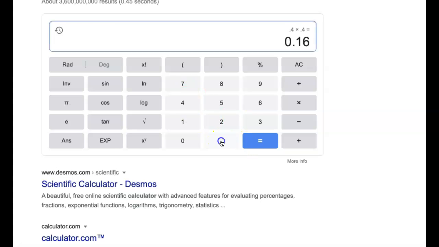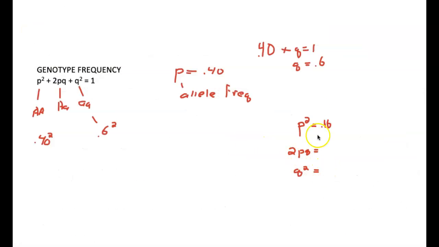So we can come back here, 0.6 times 0.6, 0.36, Q squared, 0.36. P squared plus 2PQ plus Q squared equals 1. So you can do it a couple ways.